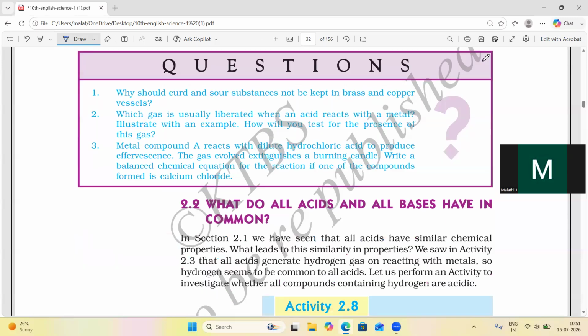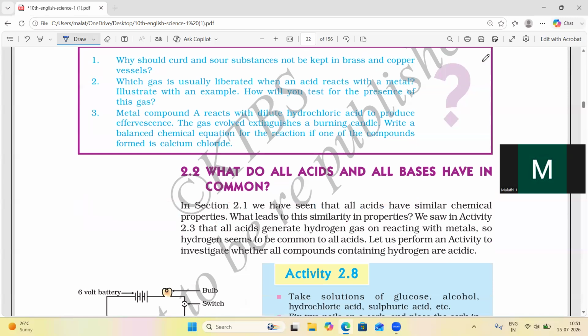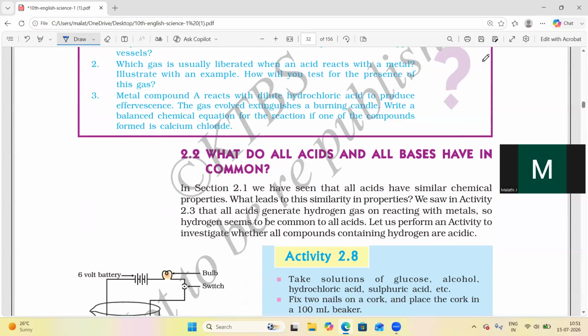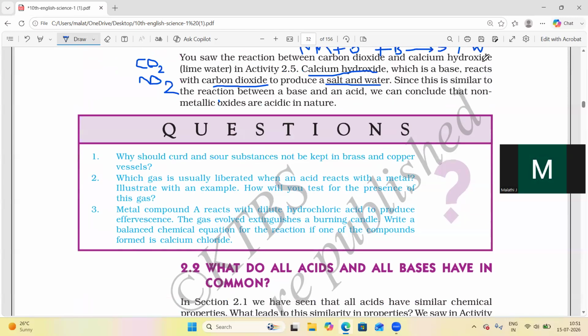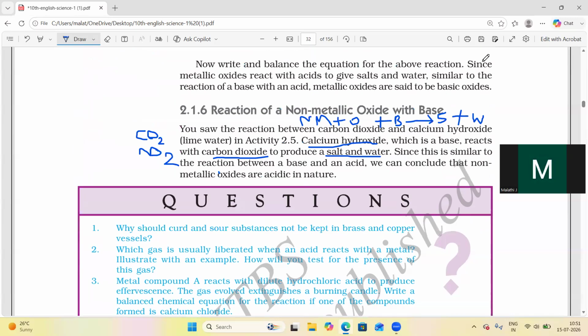Next, the reaction of a base with a metal. We studied acids with metals. When a base reacts with a metal, you will get salt plus hydrogen gas. So one more they will ask, not just metal oxide, but a metal reacting with the base.